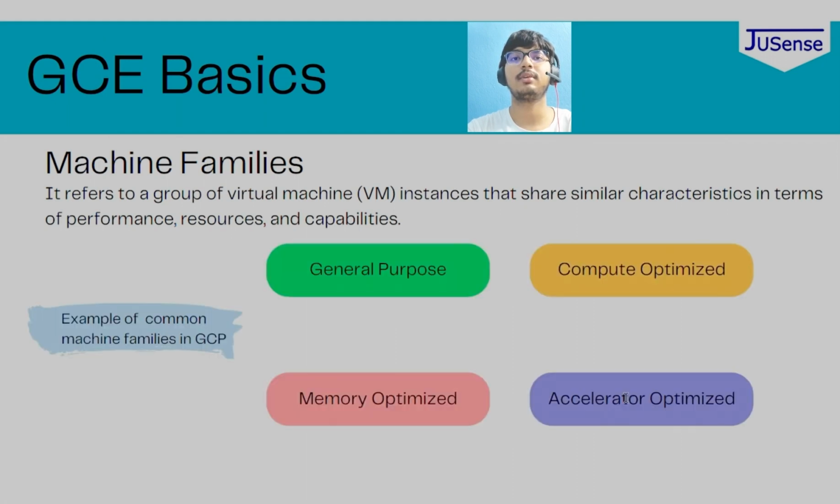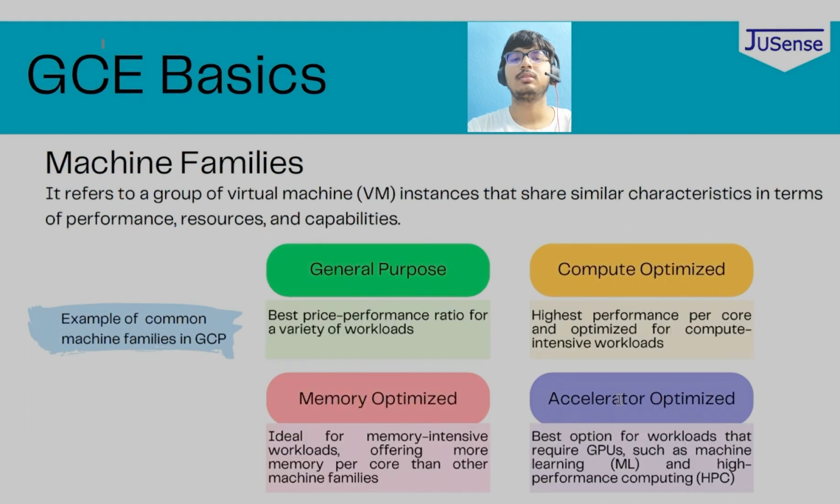Now, let's discuss the various machine families that GCP provides us with. They are categorized into general purpose, compute optimized, memory optimized, and accelerator or GPU optimized machine families. The general purpose machine families offer the best price to performance ratio for a variety of workloads.